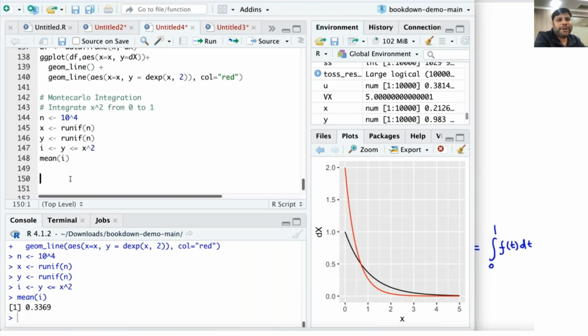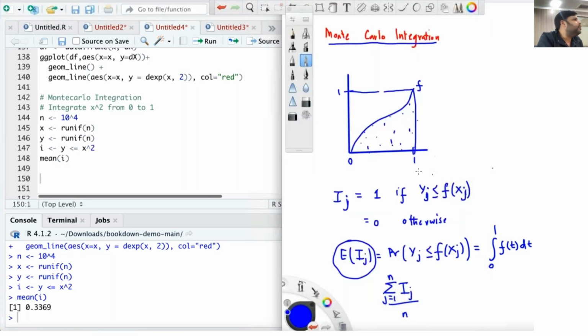So what kind of change should you make, if you want to integrate a function from 0 to 2, and let's say the values it can take are between 0 and 3, so that you also get the value of the integral when the domain is not necessarily 0 to 1 and the codomain is also not necessarily 0 to 1. x should be uniform 0 to 2 and potentially y should be uniform 0 to 3.